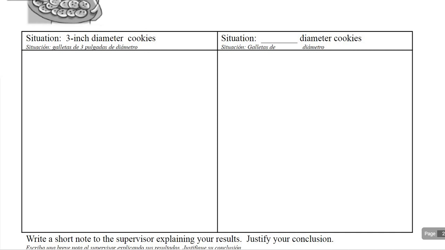First, we'll do the 3-inch diameter cookies. We have a 12 inch by 12 inch sheet of dough filled with 3-inch diameter cookies.